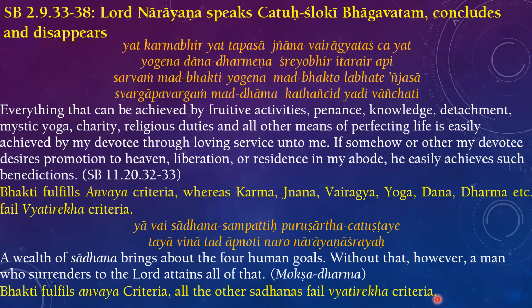By the performance of jnana and yoga, moksha is accomplished. But by the performance of bhakti, dharma, artha, kama, moksha and prema are also accomplished. So in that way, bhakti fulfills the Anvaya criteria and all other sadhanas fail the Vyatireka criteria. Without that, however, a man who surrenders to the Lord attains all of that.